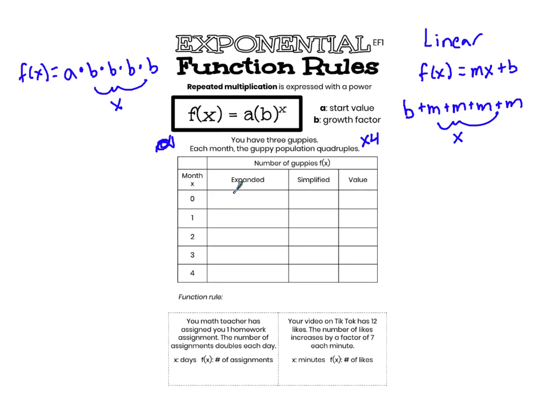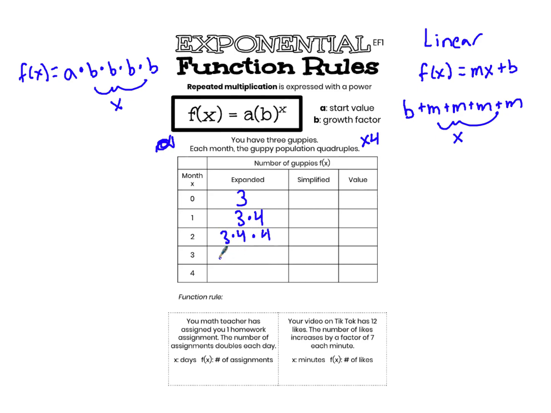In the beginning, I have 3 guppies. And then each month, the guppy population quadruples. That means after 1 month, I have my original 3 guppies, and then my population quadrupled, times 4. Second month, I have that 3 times 4 guppies that I had after the first month, and then that population quadruples, 3 times 4 times 4.